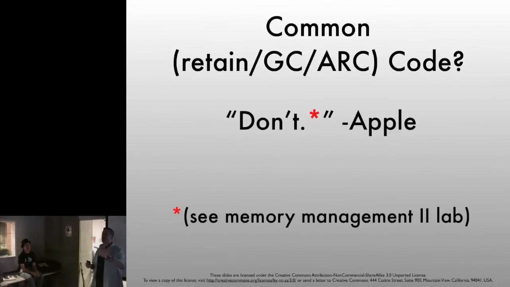So you'll see in the memory management lab that at times you'll be using the retain release. At times you'll be using just the standard garbage collector. At times you can also turn automatic garbage collection on if it's available to you. Then you can turn it on and watch it run and see how it works. It's pretty interesting to see, but don't mix and match.